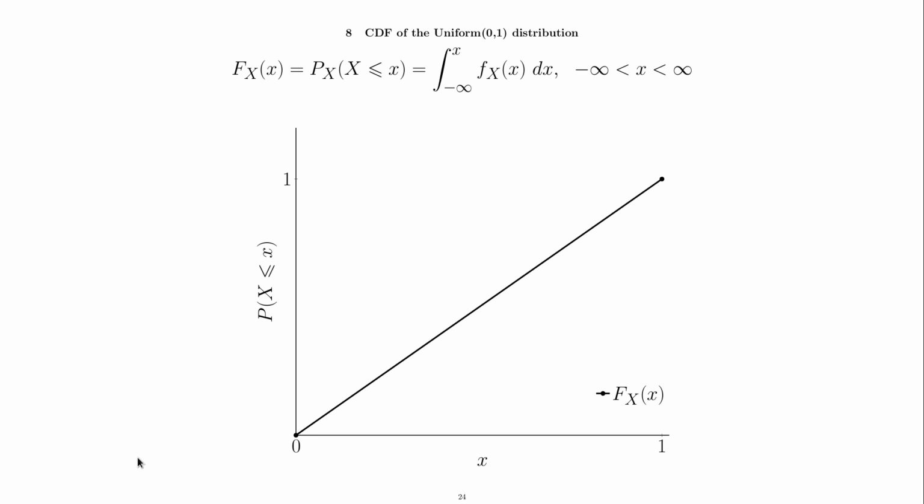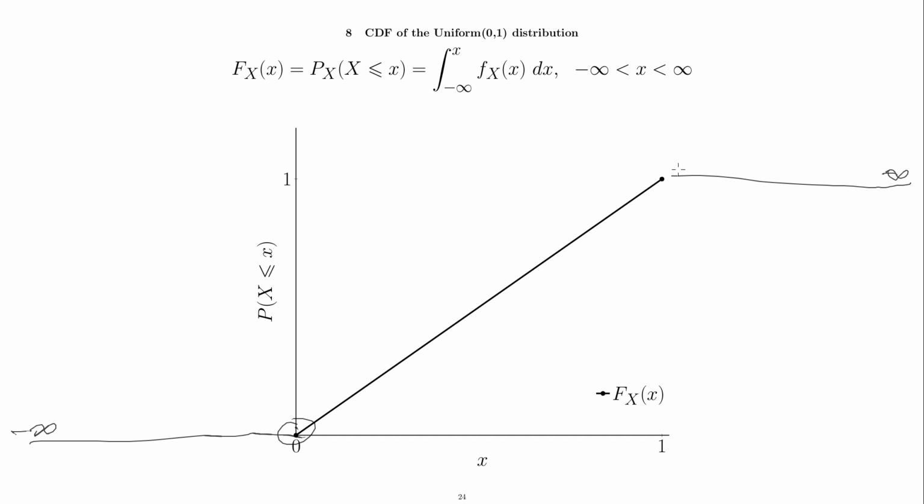Down here we have minus infinity, over here we have infinity, and here's 1 and here's 0. At minus infinity, this is still 0. It's 0 the entire way. So that satisfies that first condition.